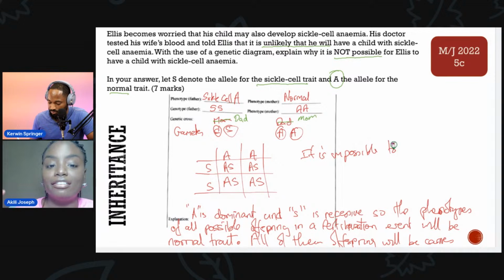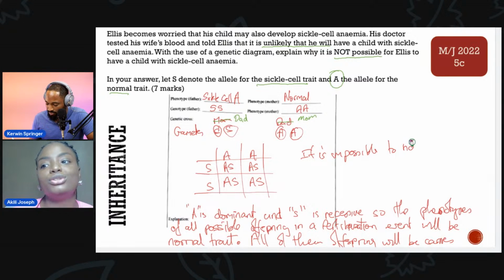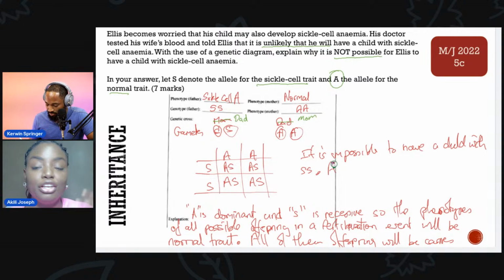So her dominant allele will mask Ellis's recessive allele. The impossibility is guaranteed because mommy is homozygous dominant. Her two alleles are the dominant allele, so every child they have, she will give a dominant allele to. That child will always have a normal copy, a dominant copy, to mask the recessive allele that Ellis will have.